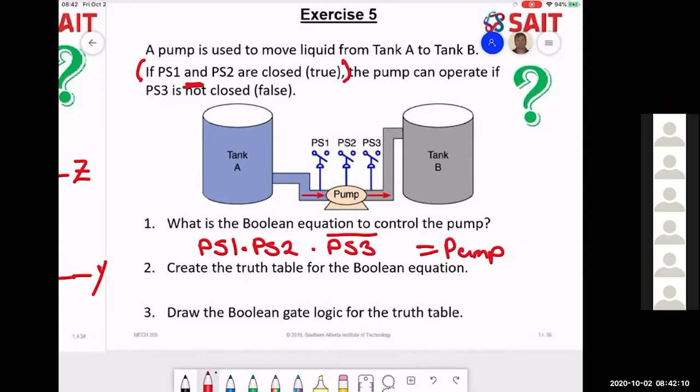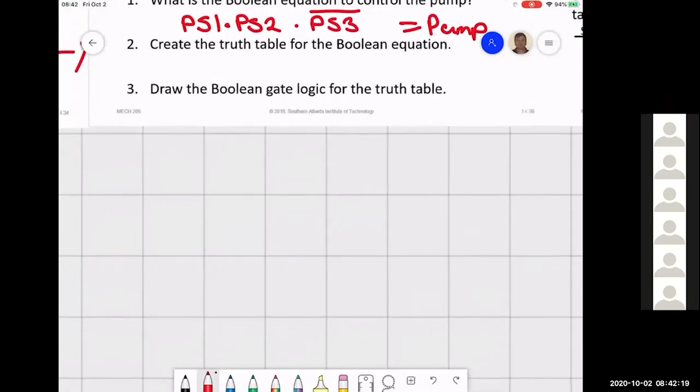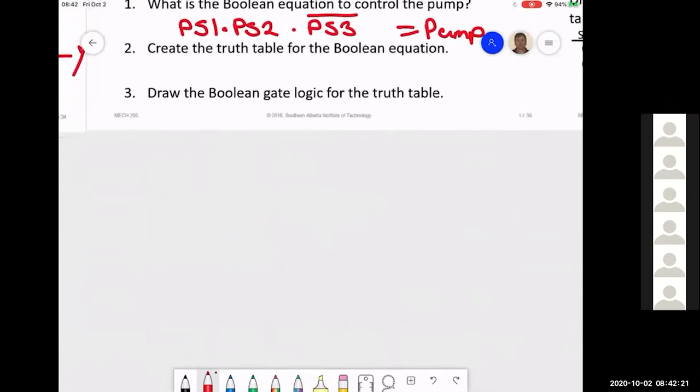So I'm going to show you how I create the truth table, a quick way of creating that truth table. Let me scroll down and give myself some room here. I notice I've got 3 inputs: PS1, PS2, PS3. There are my inputs on the left.